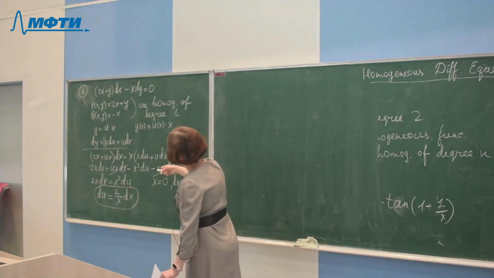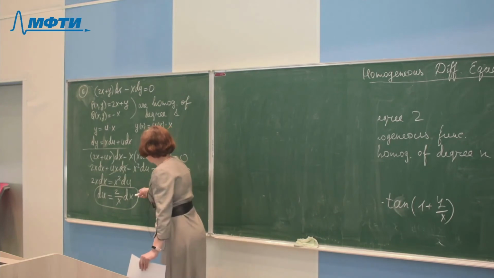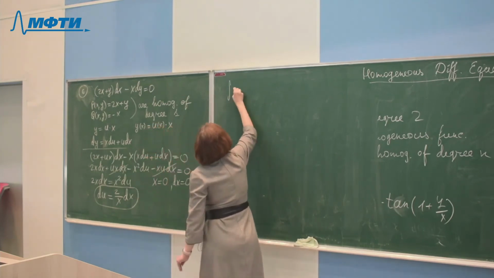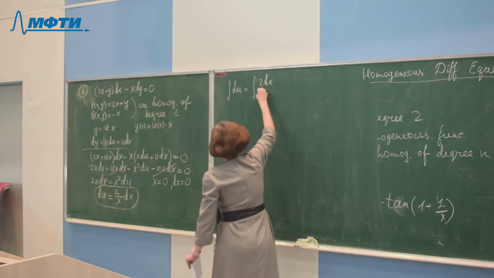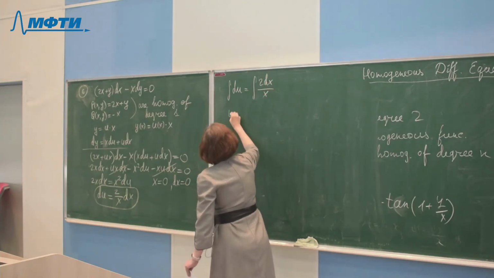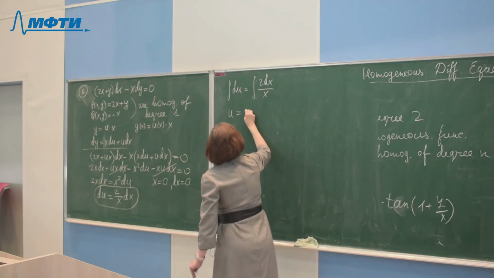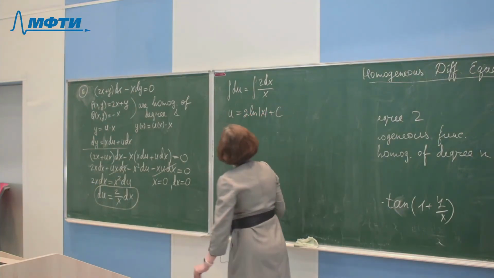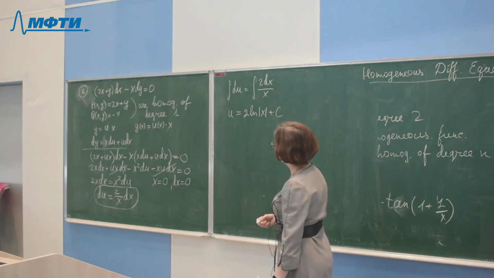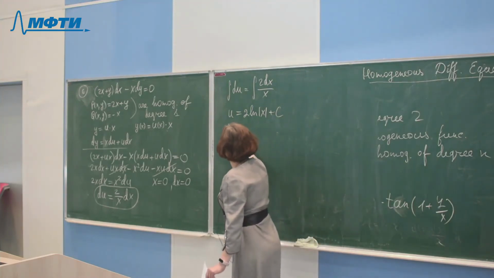Let's integrate. The integral of du equals the integral of 2 dx over x. Then u equals 2 ln absolute value of x plus c. This is u. And what is y?